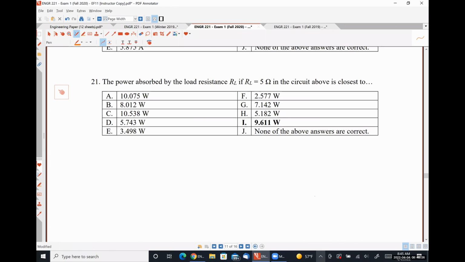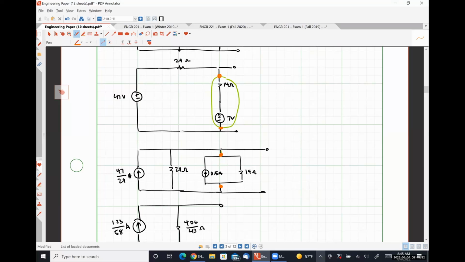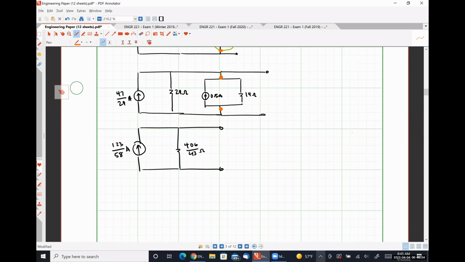So the power absorbed by the load resistance if RL is equal to 5 ohms, okay? So that means that we would have the 5 ohm resistor right there. I'm going to call this current IL.